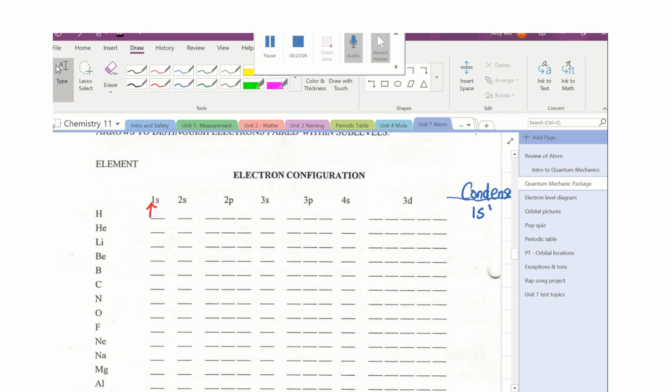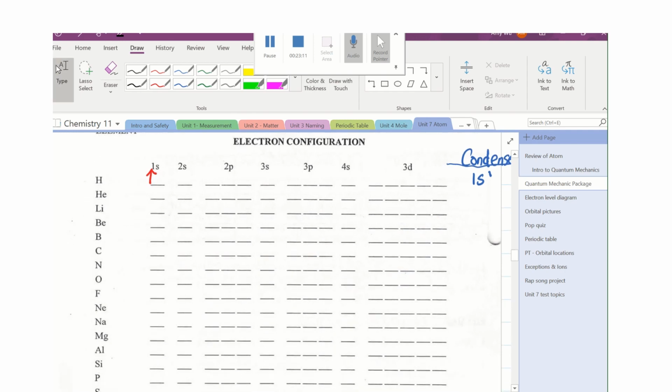For example, let me try to do, let's see, I can do neon with you. Actually, let's not do neon. I can do sodium. So Na, we have 11 electrons, right? So you're going to start with 2 electrons on the first orbital, 2 electrons on the second orbital, right?